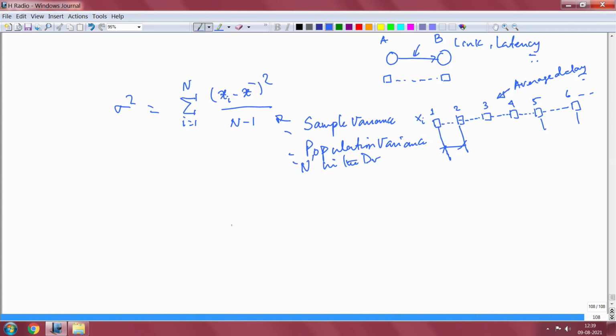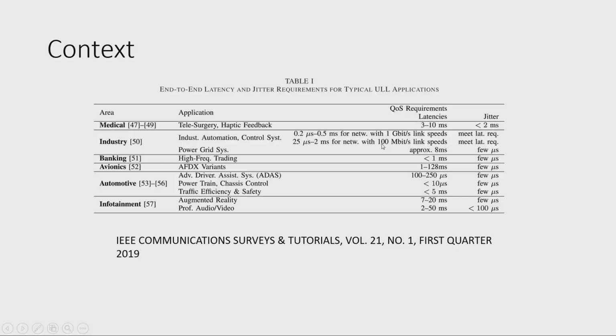Anyway, just to tell you that the jitter here, as you can see in this picture, is less than 2 milliseconds if you are talking about medical applications. Remember I was telling you about tactile CPS in the first class, you can see the kind of jitter that is expected, and depending on what type of medical surgery systems you are building with haptics and all that, QoS requirements for that specific application can be as low as 10 to a maximum of 10 milliseconds.